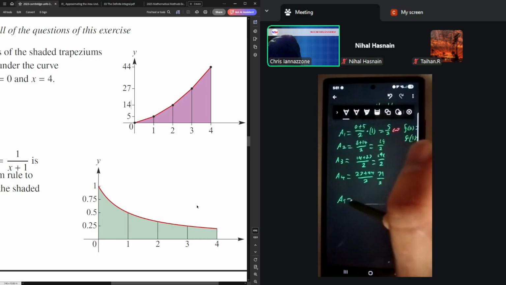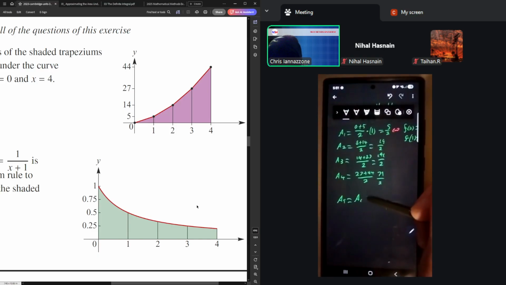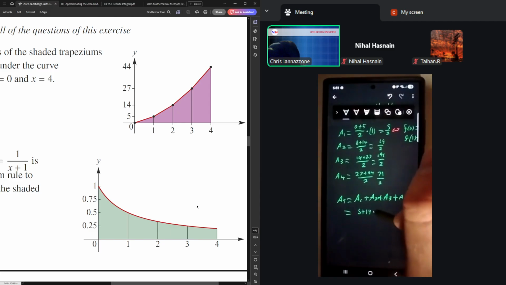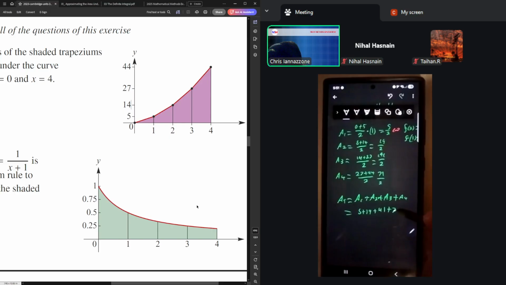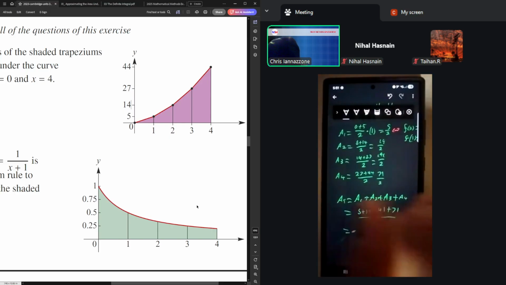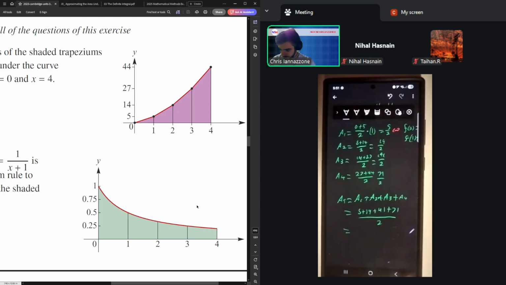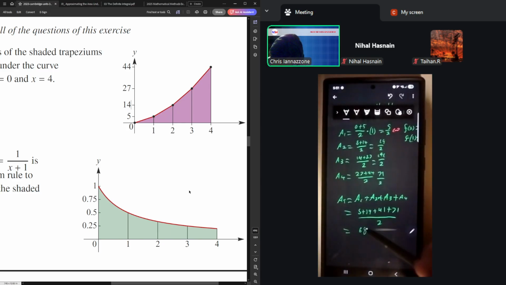That's for our total area, which is going to be the sum of the A1, A2, A3, A4. All we're doing is addition here now. 5, 19, 41, 71, all over 2. I'm just going to cast that out. 71, 41, 19, 5, 136 over 2, which comes out to be 68.